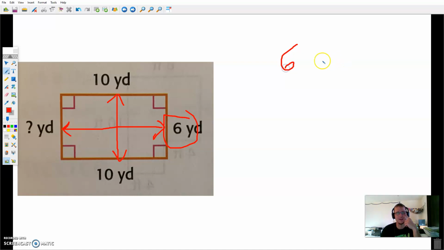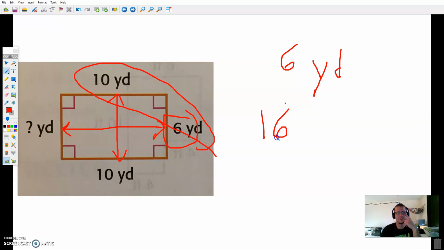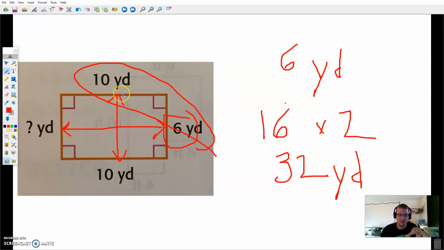So my missing side there is 6 yards, which means I can do 10 and 6 is 16, and then multiply that by 2 to get my 32 yards. Okay, so all I did was take my 2 times 10 and my 2 times 6, and I did my adding first and then multiplied. Just know that with your rectangles and squares, those opposite sides are going to be equal.